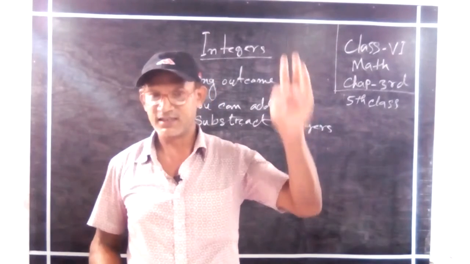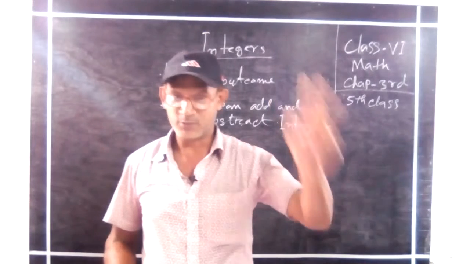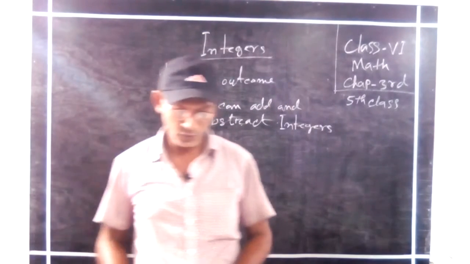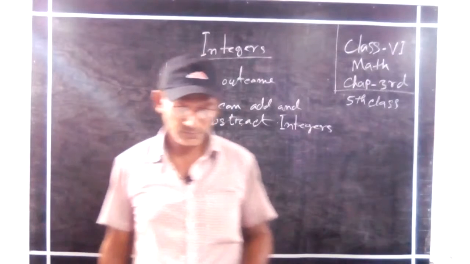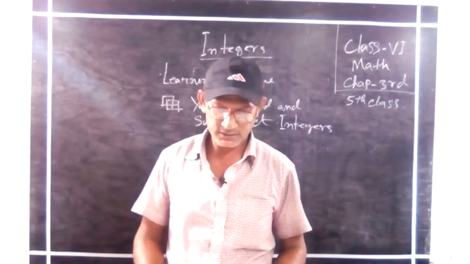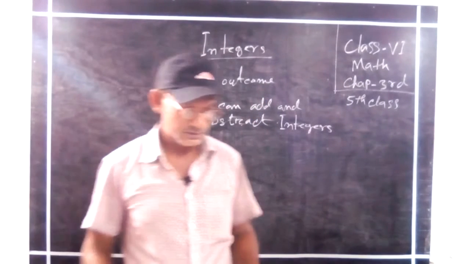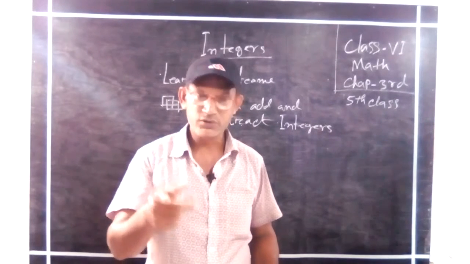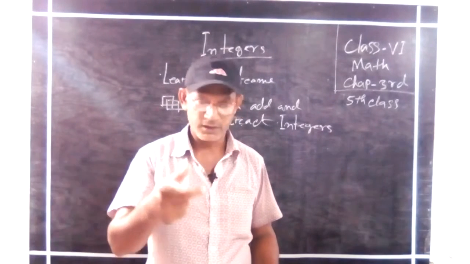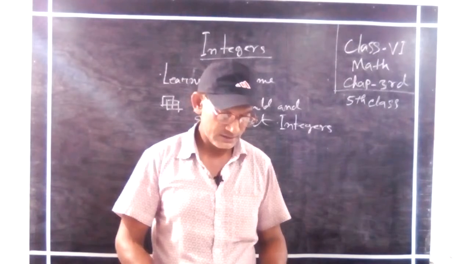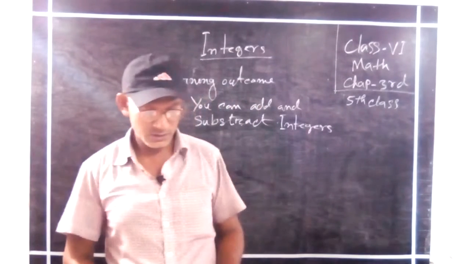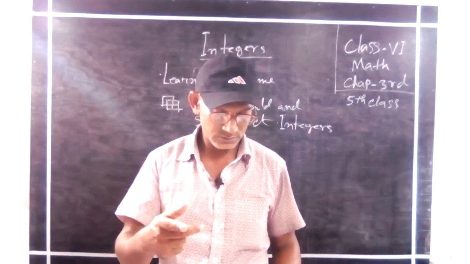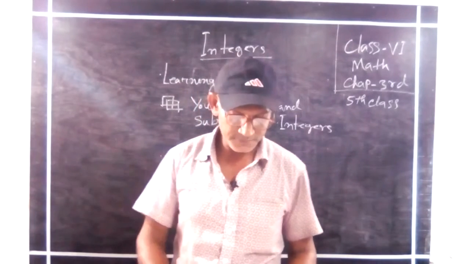Three signs here: greater than, smaller than, and equal. We put them here in number 11 at ko and kho. Those are our homework. I hope you will do everything.